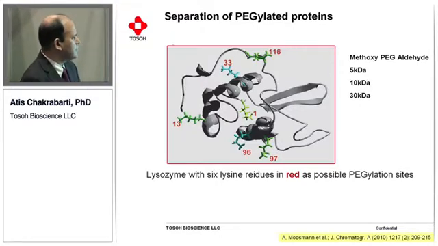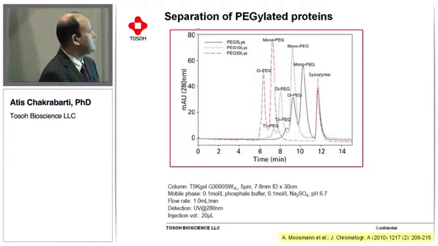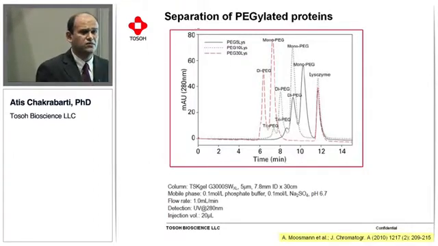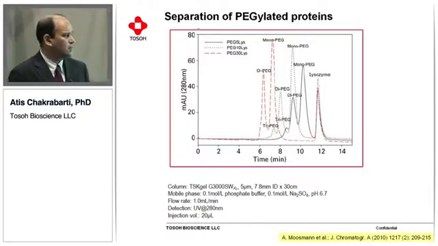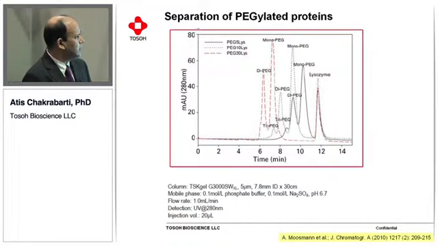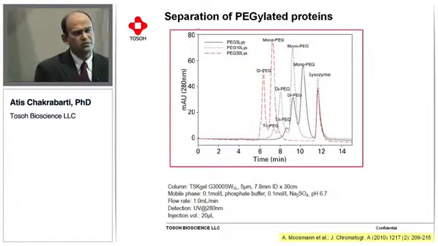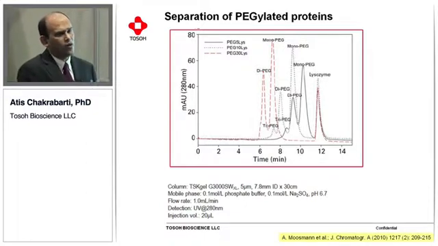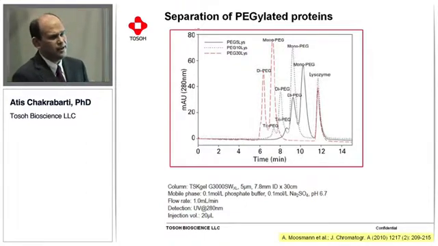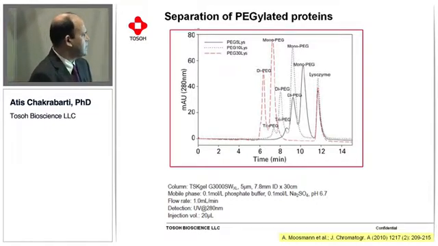And we tried to separate, next slide please, using the TSK gel 3000 SWXL column, solid line 5 kD, next is 10 and next is 30 of the PEG, and as you see, irrespective of the PEG molecular weight, we could separate the mono from the other mono, di, and the lysozyme peak very nicely.